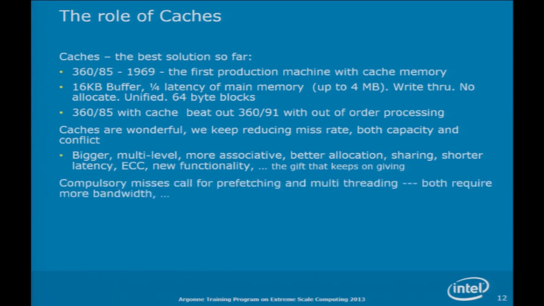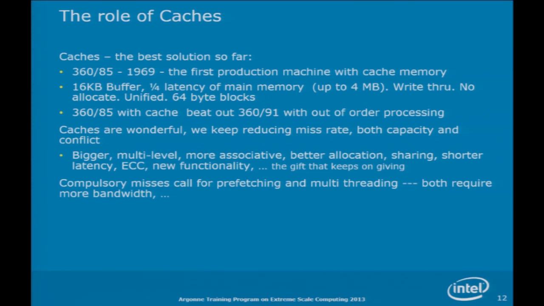So we're making caches better, and actually it is a very important part of computer architecture. I think it's maybe the most successful computer architecture idea we have come up with. We're making caches bigger, multiple levels of caches, more associative, which gives you better hit rate. We have better allocation algorithms to make multiple threads coexist in the cache for better sharing.